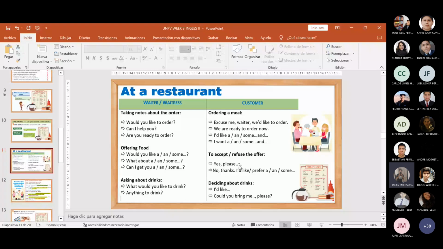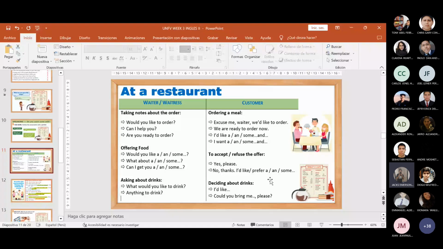Yes, please, if you accept, no? Si aceptamos, yes, please. Si no aceptamos, no thanks. No thanks. I'd like a slice of pizza. I'd like a medium coffee.